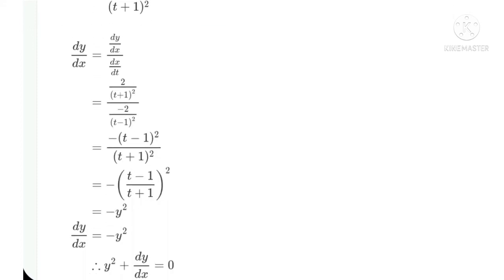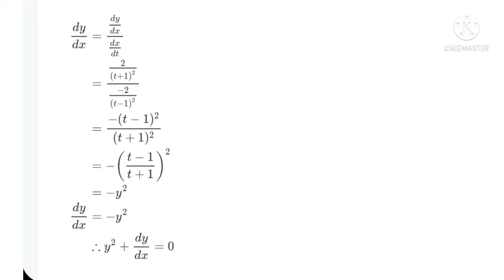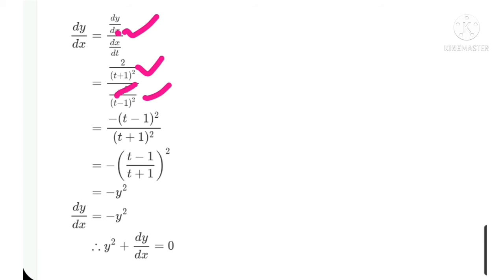Now write dy by dx. dy by dx is equal to dy by dt upon dx by dt. Put the values. 2 gets cancelled. So what remains? Minus t minus 1 bracket square upon t plus 1 bracket square.